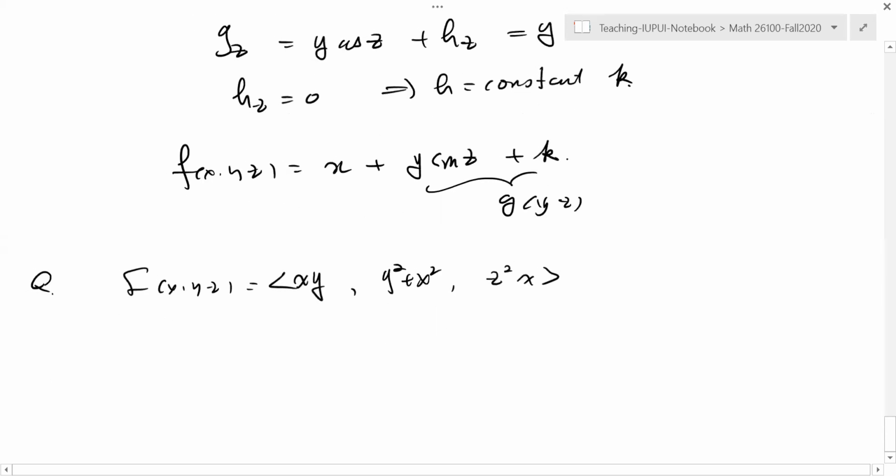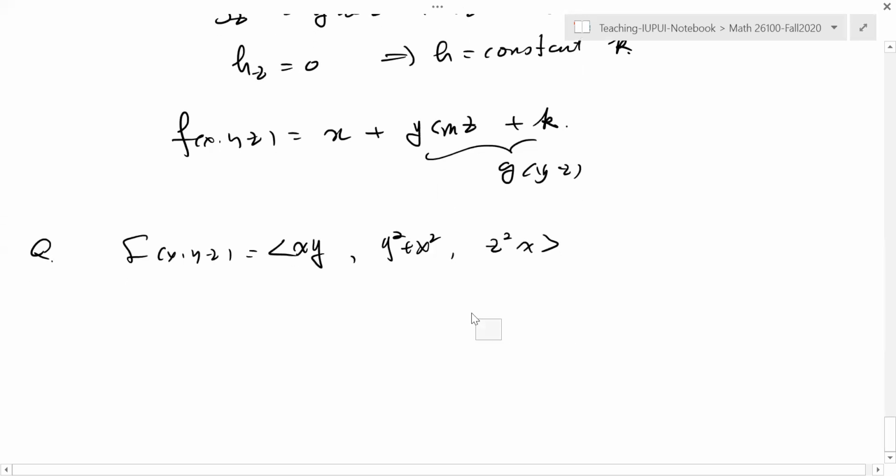So this is the vector field. Now let's look at the curl. So this is i, j, k.